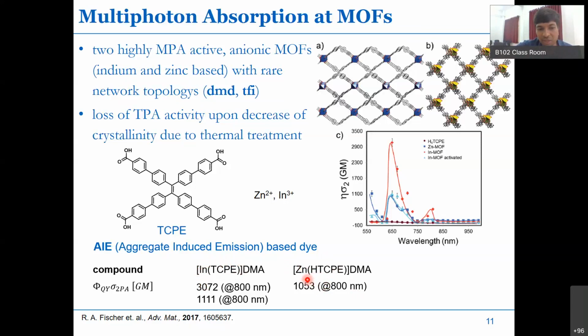One interesting observation is that this MOF, especially the indium MOF, is very porous. You see here a huge amount of porosity.